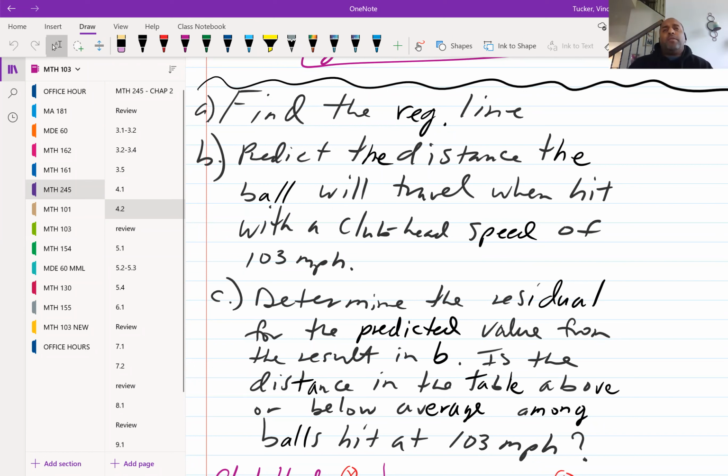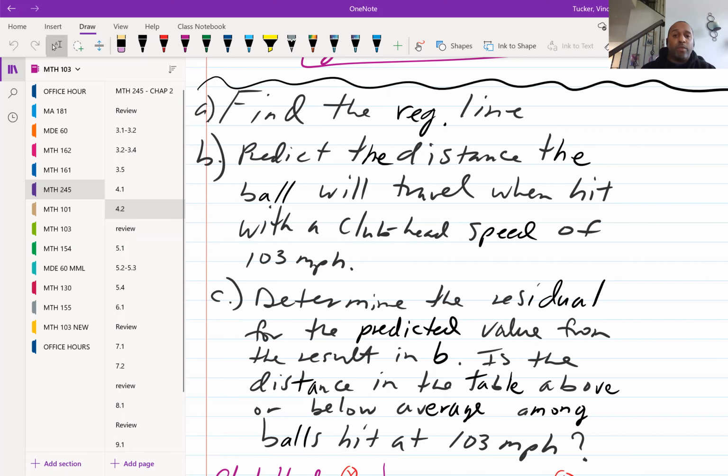In the last problem we did, we had the information given to us in pieces. They gave us the correlation coefficient, the average and the standard deviation of our explanatory variable, and the average and standard deviation of our response variable. But you may be given the data in just a list, and that's what I want to show you right now.